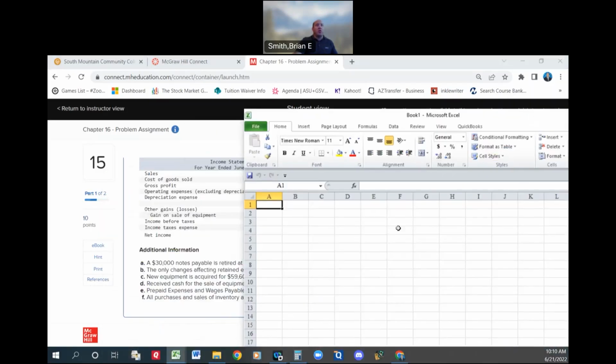And we got to analyze the equipment account, and in so doing, the accumulated depreciation as well. Okay.